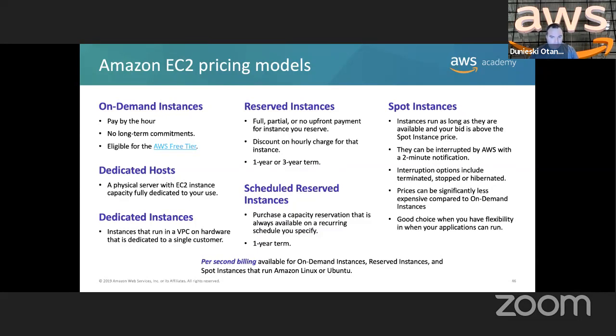If someone outbids you, you lose the EC2 instance. It's super cheap, you can save up to 90%. But if someone outbids you, you have 2 minutes to take action. You're going to get a notification telling you that you have 2 minutes.